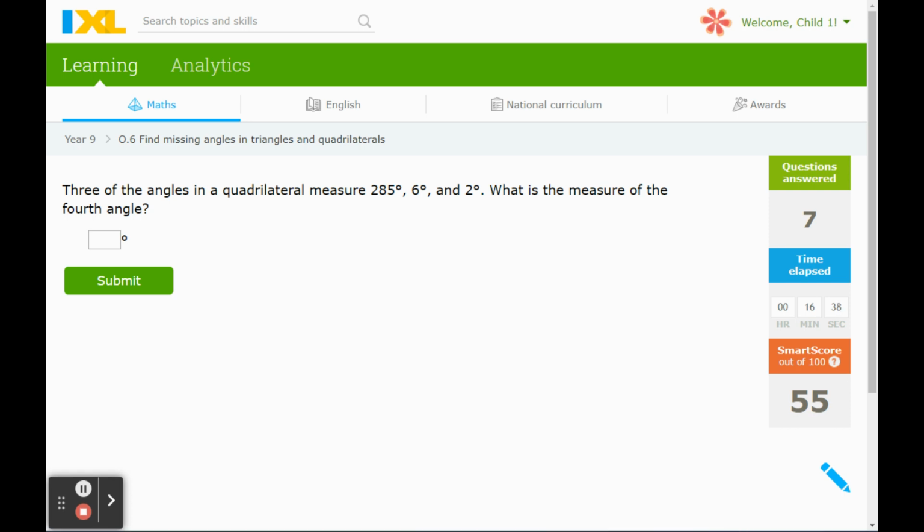All right, so yeah, the same thing applies here. We got a four-sided figure. It will also add up to 360 degrees for this one. So we're going to have 285. It says it's a quadrilateral. So if you see quadrilateral, remember it adds up to 360 degrees.